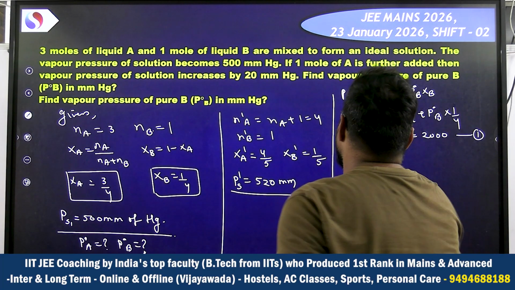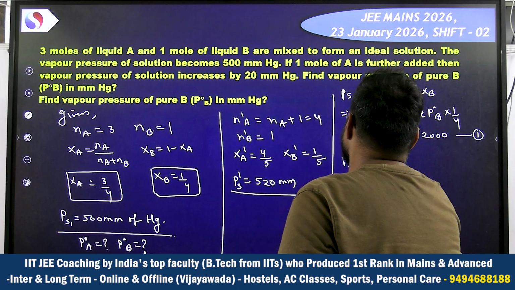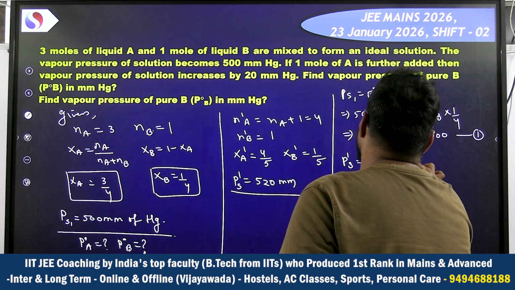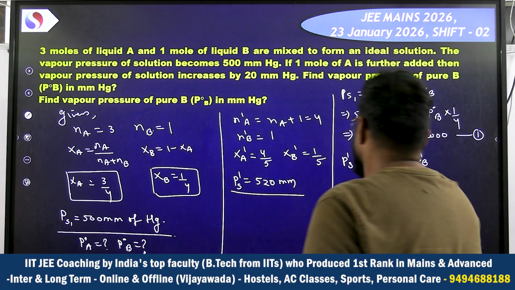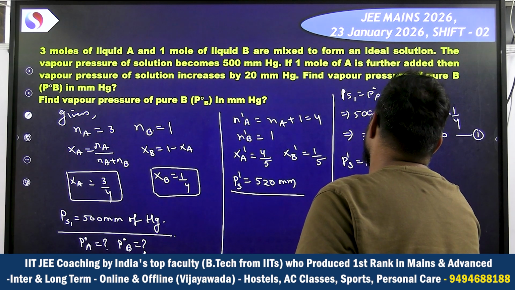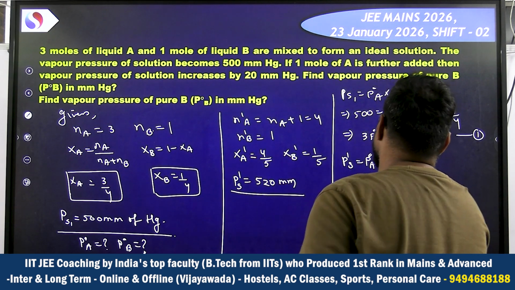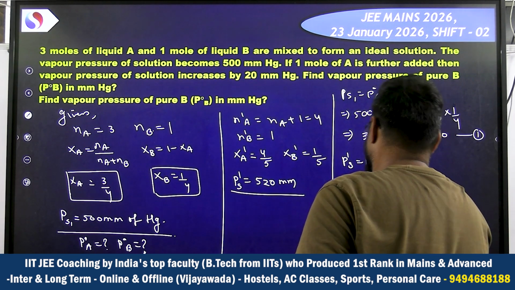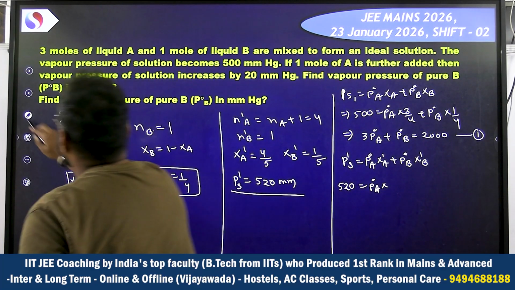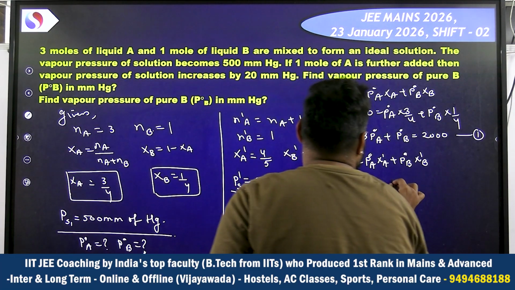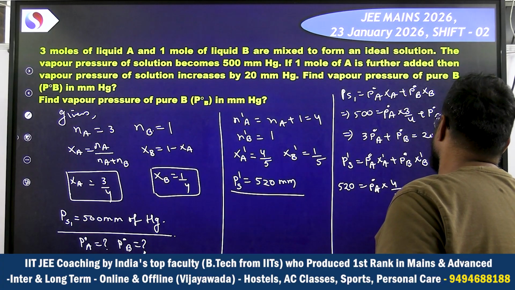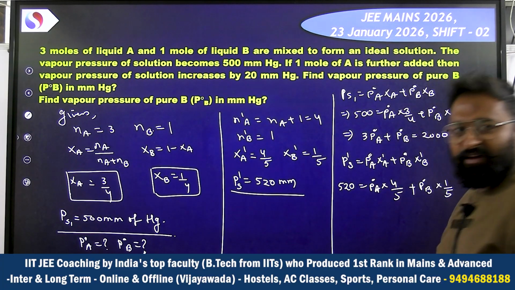Now what is the second data? P dash S is equal to P0A X dash A plus P0B X dash B. This is 520. P0A, X dash A is 4 by 5, and P0B into X dash B is 1 by 5, correct?